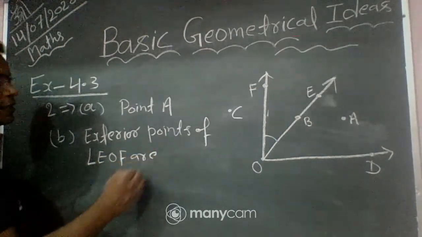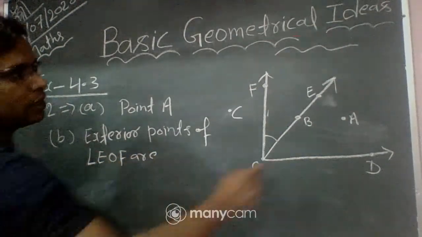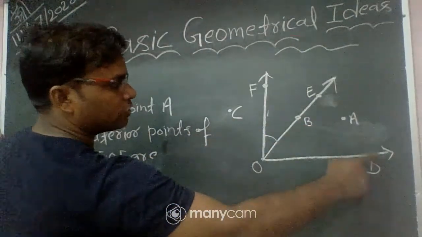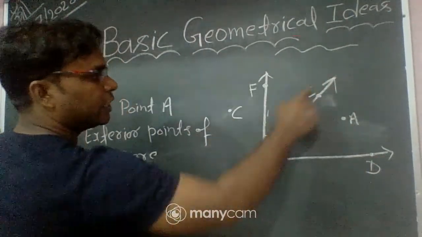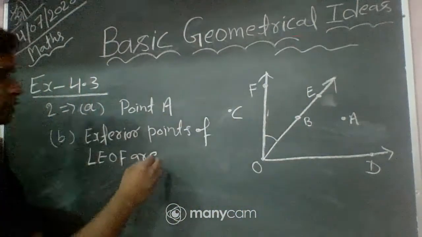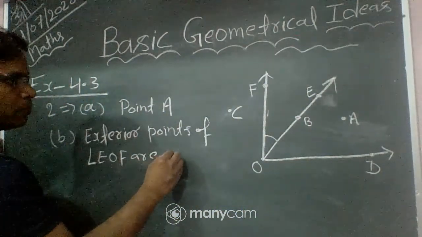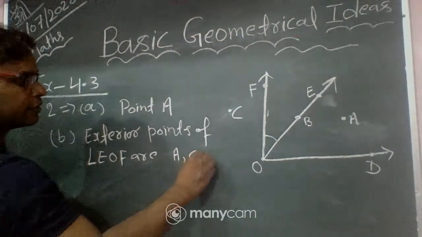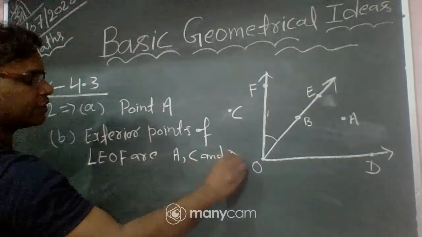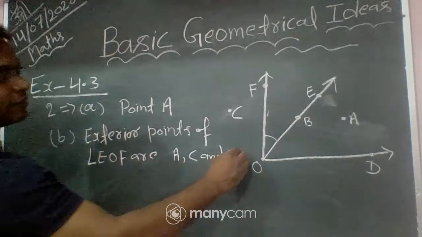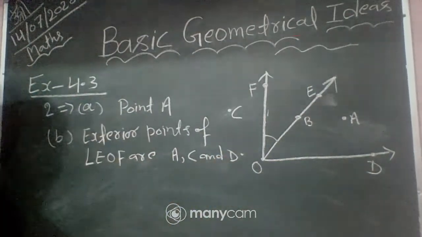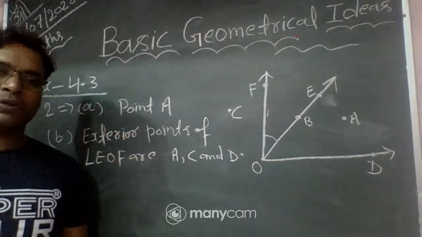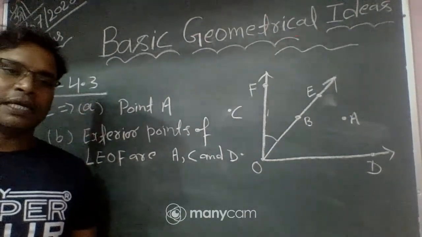Point A is an exterior point, point C is an exterior point, and point D is also an exterior point for this angle EOF. So the exterior points of angle EOF are A, C, and D. Clear?